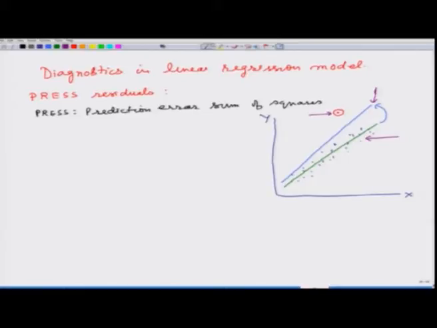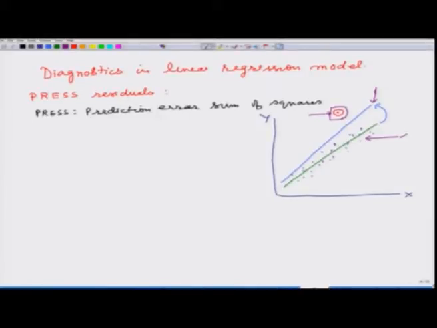So the idea we are going to use is the following. Suppose we have a data set in which we have an unusual observation. If I delete this unusual observation from our data set and then fit the regression line, then this is going to be the same regression line which is given here by the green color.